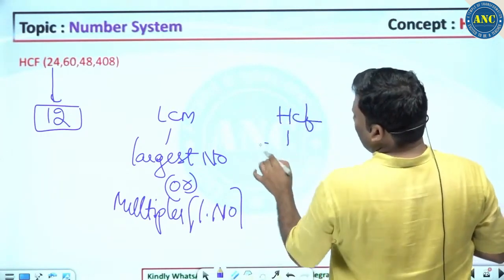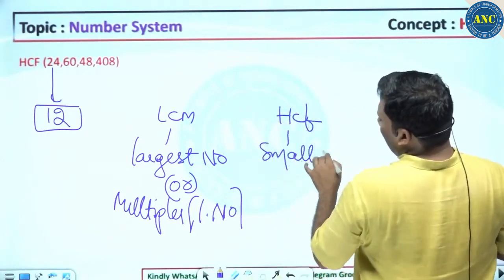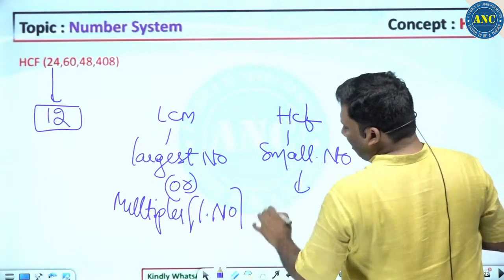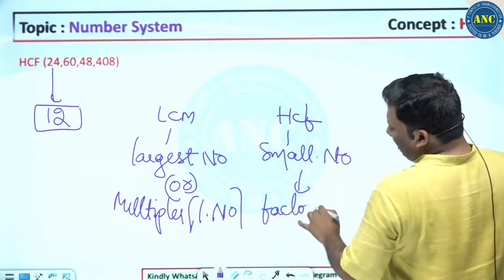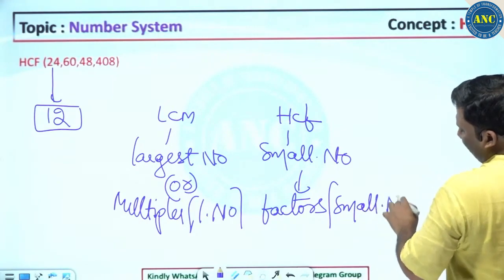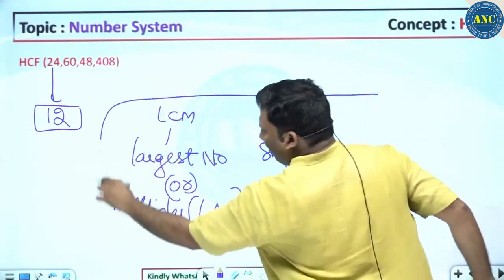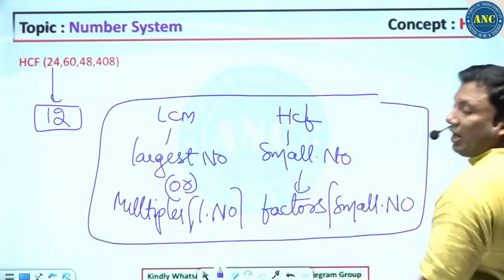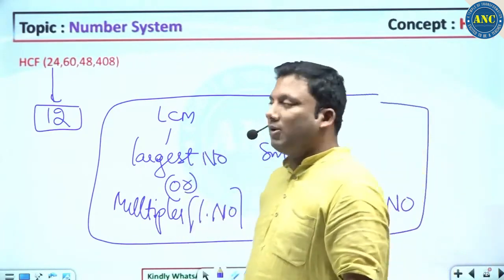HCF means the smallest number or the factors of the smallest number. People don't teach the basics, but if your foundation is strong, you can clear it in a much smarter way.